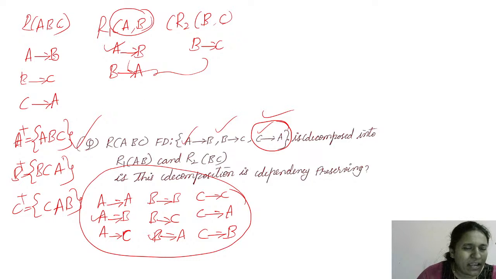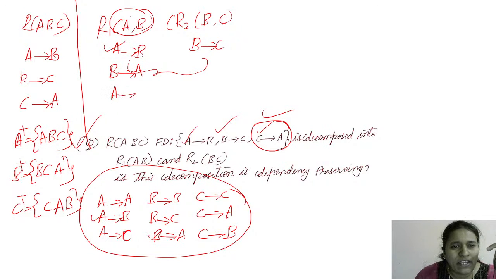That's why, while calculating dependency preserving, we have to find all the possible closures of all the attributes. Then we have to write like this. What else comes under AB? AB came, BA came. Then nothing else. A to A we will get here, B to B also, because A, B is there in this, A to A, B to A.